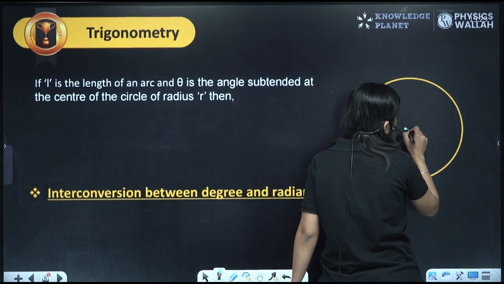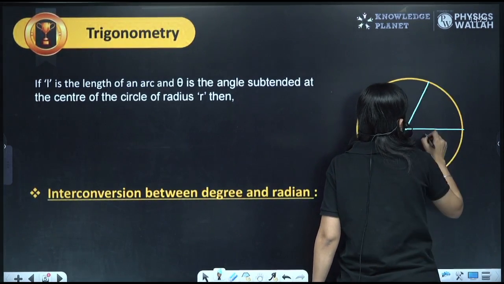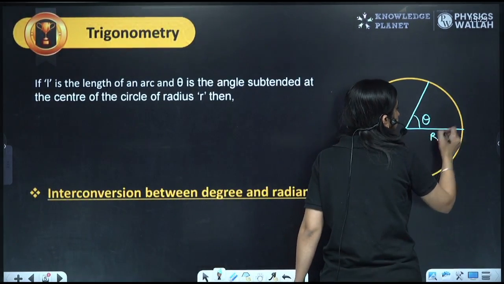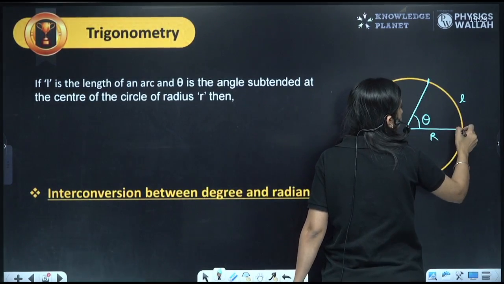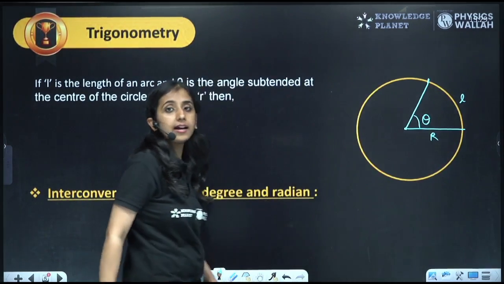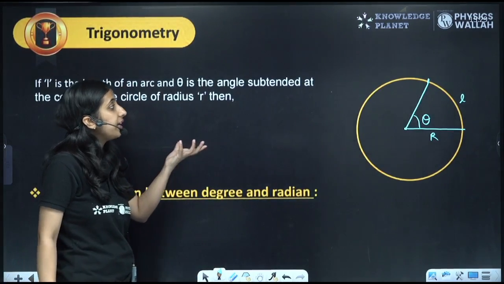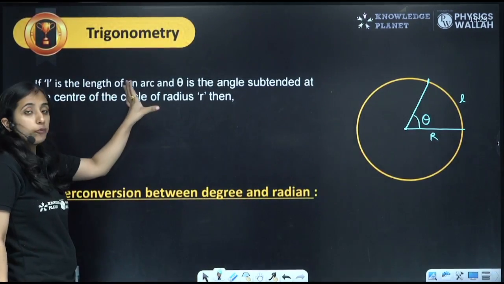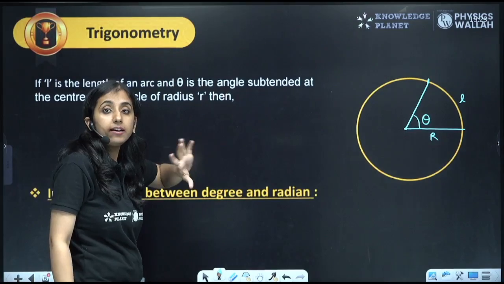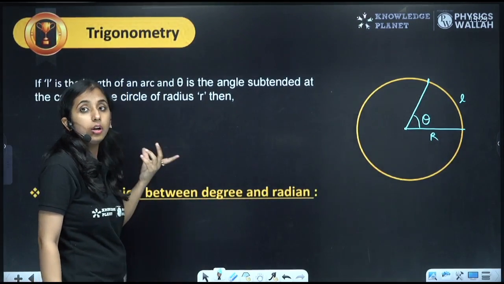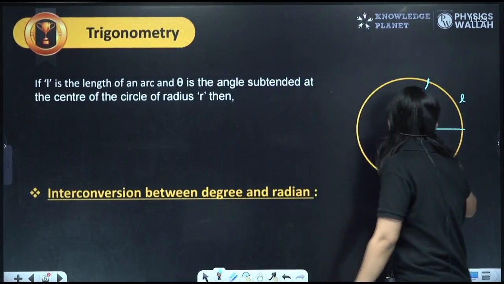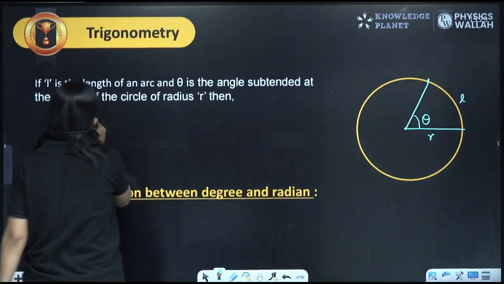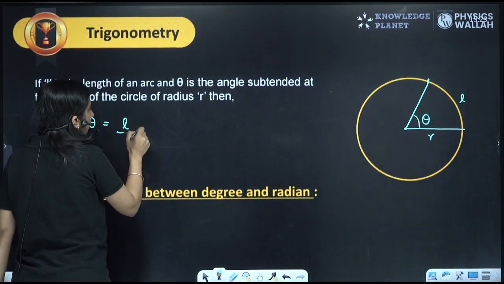See, if this is my circle of radius r and we have an arc of length L which subtends a theta angle at the center, then if L is the length of an arc and theta is the angle subtended by the arc at the center of a circle of radius small r, then according to the definition of plane angle, this theta is the ratio of arc upon radius.